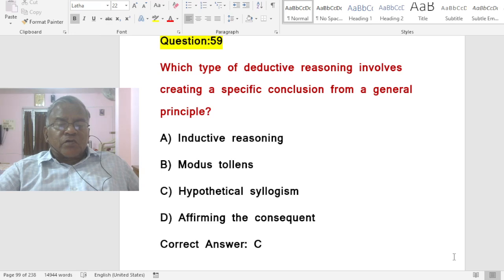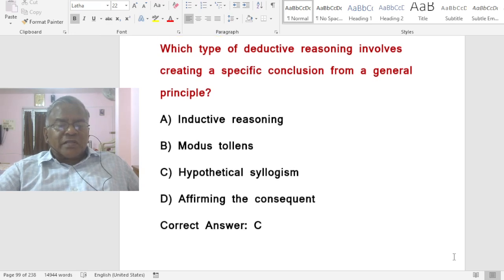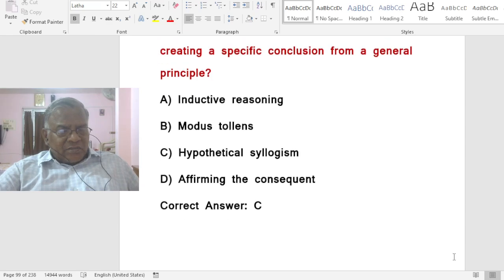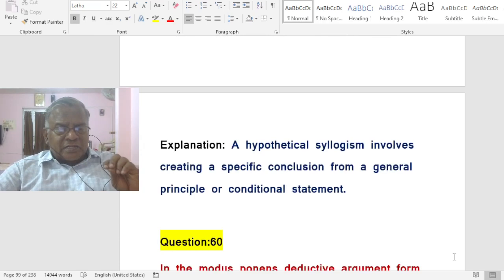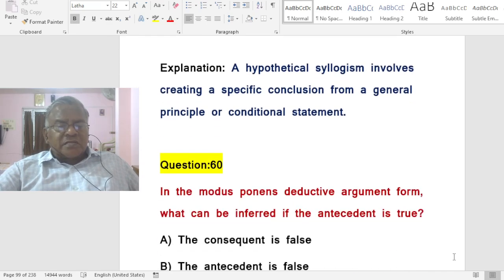I think the answer seems to be incorrect. Probably it should be inductive reasoning. Maybe it is not the correct one. C, A is the correct one. A hypothetical syllogism involves creating a specific conclusion from a general principle or conditional statement.